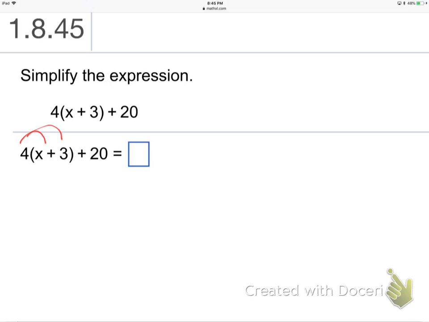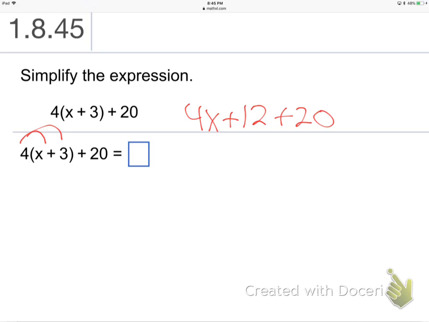It only goes through the stuff in the parentheses. And so we get 4x plus 12 plus 20.